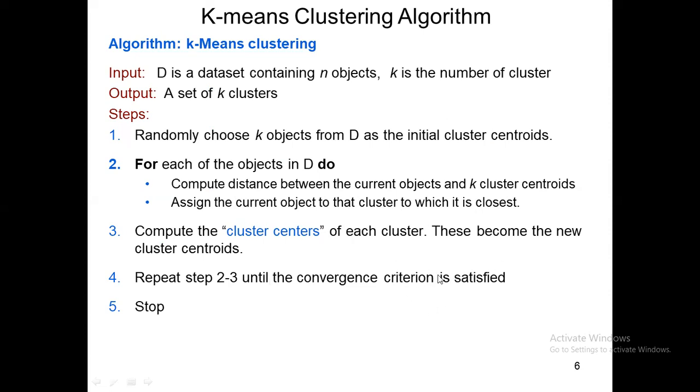That means the process will continue until the k-means clusters are optimized, up to the smoothness, like the hierarchical clustering concept of smoothness. Up to this point the process will continue, optimizing the data points in a continuous process, and then it will be stopped, right?